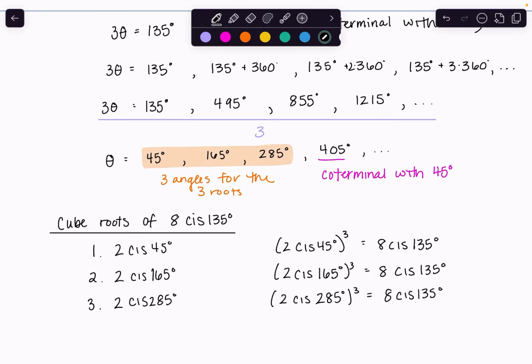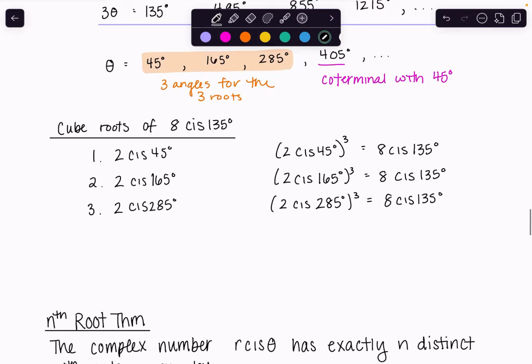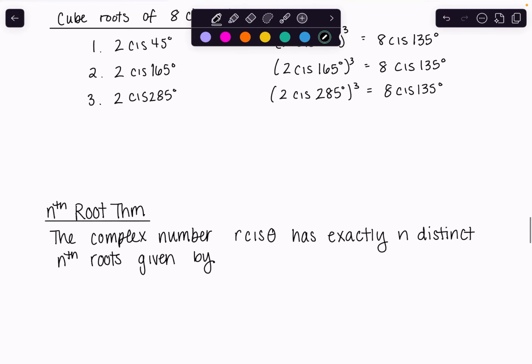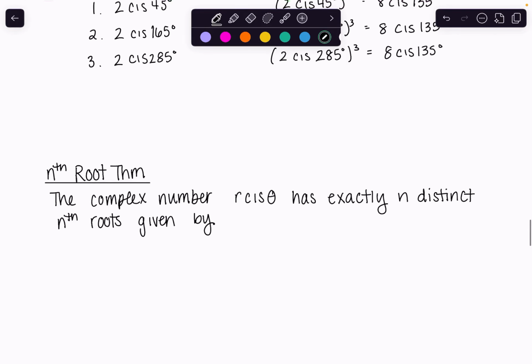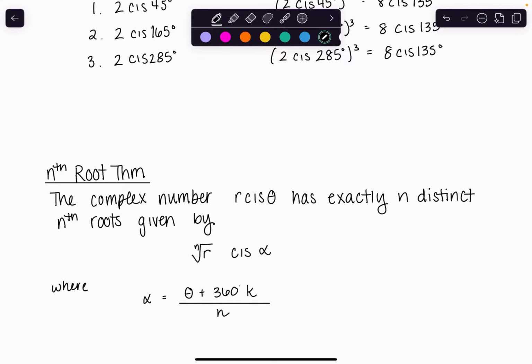So this is what we call our nth root theorem. The complex number r cis theta has exactly n distinct nth roots, given by the following. You take the nth root of the value of r, and then we have cis of some angle alpha on the inside, which is going to be that theta value plus however many revolutions around the unit circle, divided by the number of roots.